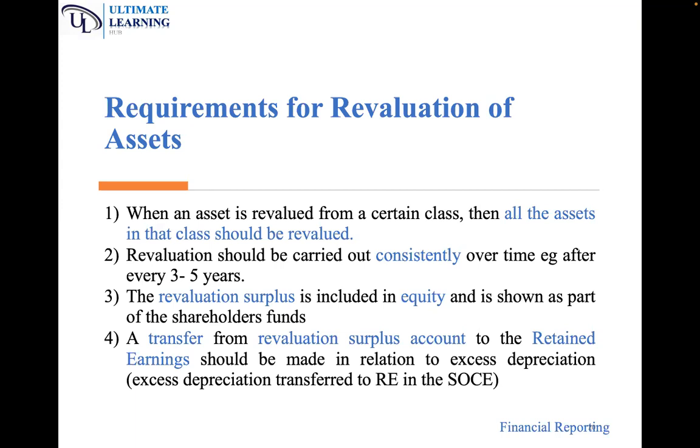This amount of revaluation surplus should be taken in equity, and you can call it revaluation reserve account or revaluation surplus. And point number 4, this revaluation surplus must be amortized over the remaining useful life of the asset. And every year, there is an amount you transfer from revaluation reserve to retained earnings.